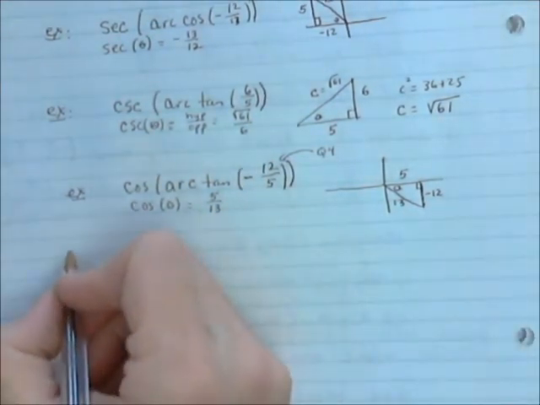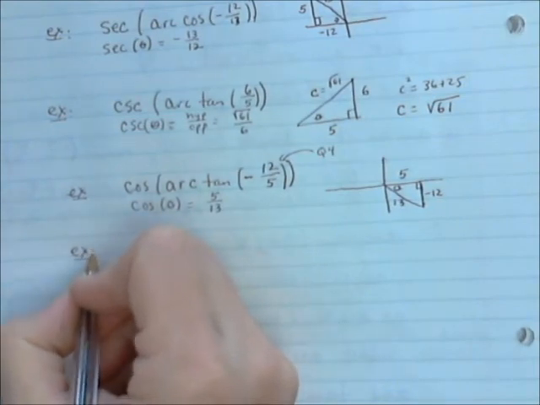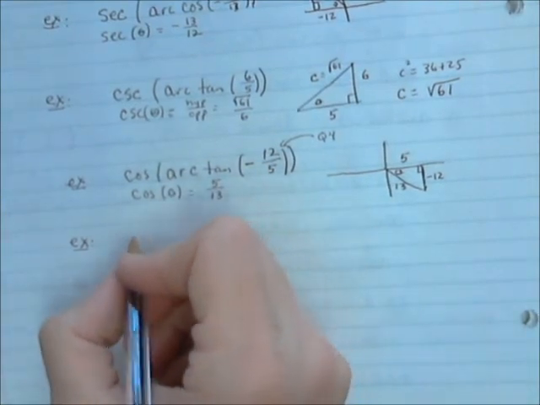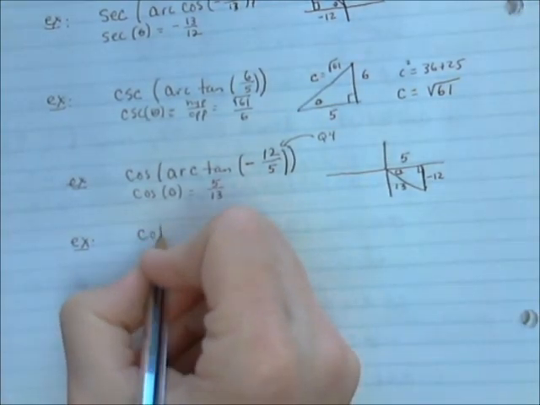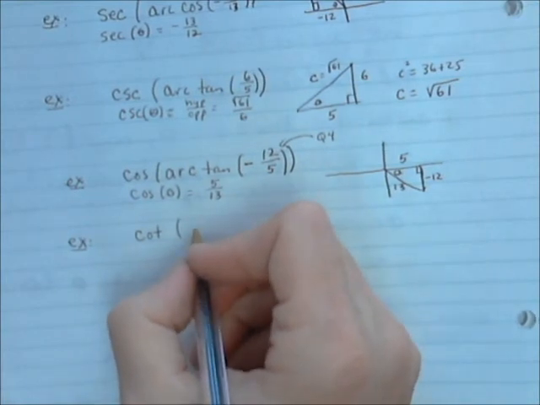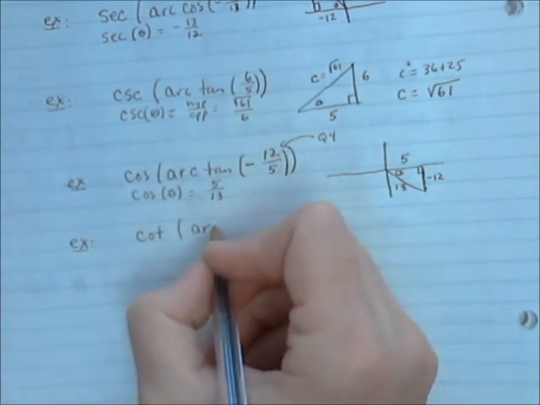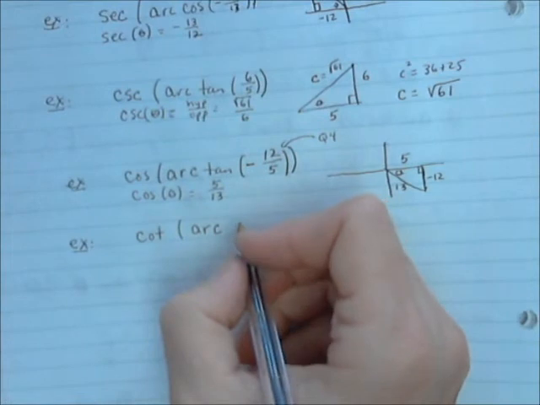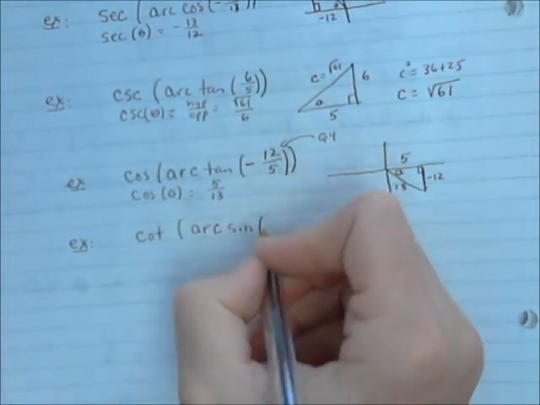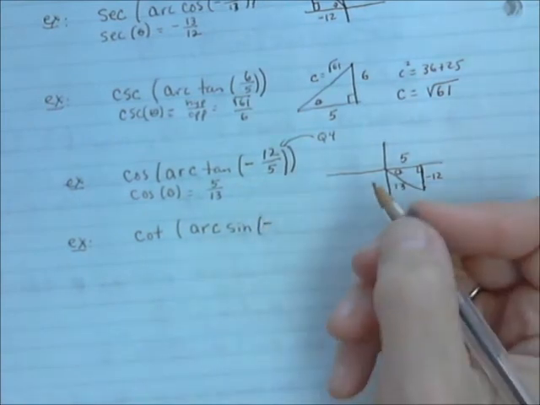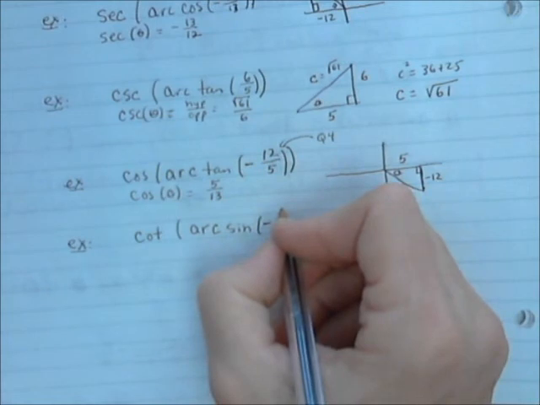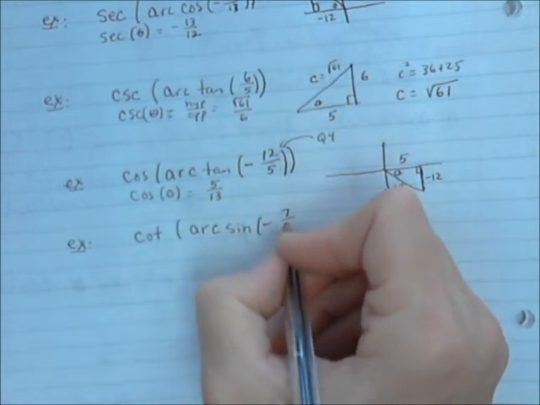And we'll do one more example to wrap this up. Let's see, what haven't we done? We haven't done a cotangent yet. Let's do the cotangent of the arc sine of negative 7/8.